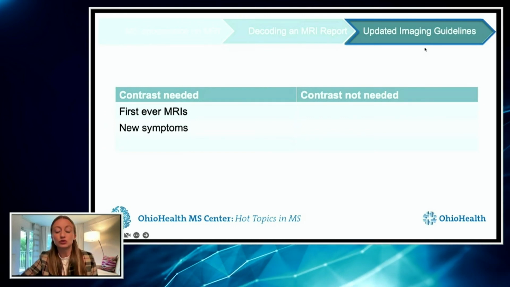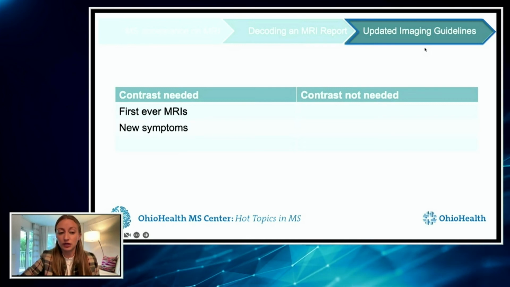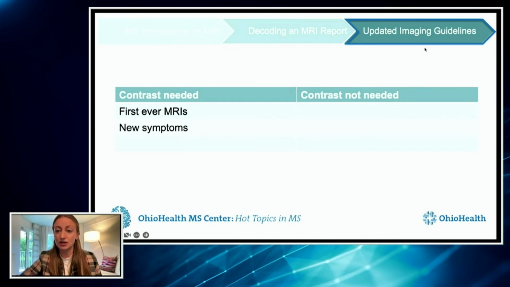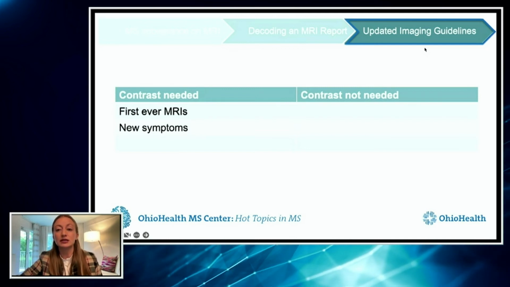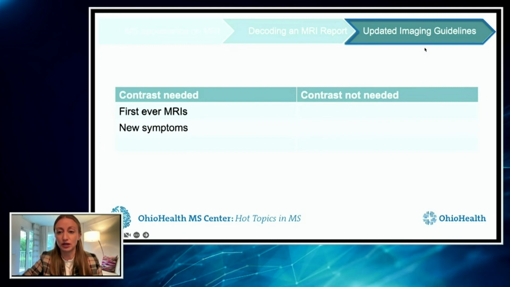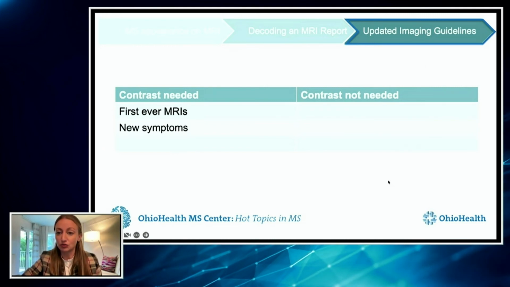So when someone comes in with new symptoms and we're concerned about an inflammatory relapse, we do like to get imaging with contrast, because if there was an enhancing spot, that could tell us that there was new active inflammation and could help us to guide management.